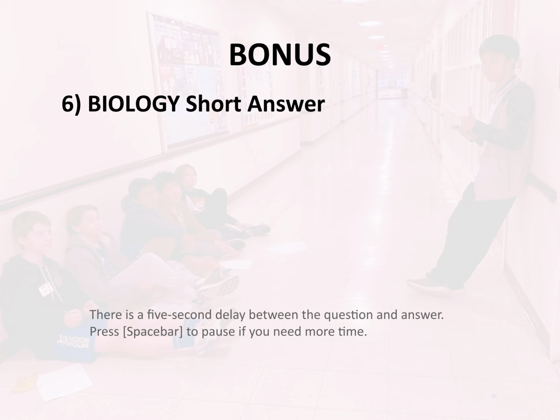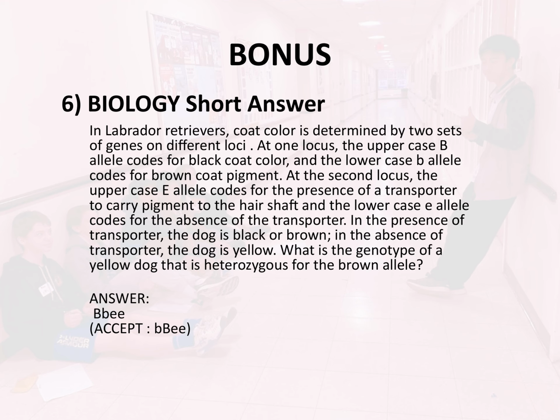At the second locus, the uppercase E allele codes for the presence of a transporter to carry pigment to the hair shaft, and the lowercase e allele codes for the absence of the transporter. In the presence of transporter, the dog is black or brown. In the absence of transporter, the dog is yellow. What is the genotype of a yellow dog that is heterozygous for the brown allele? Answer. B.